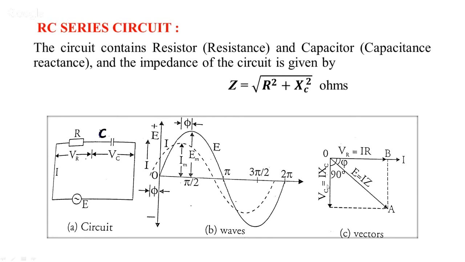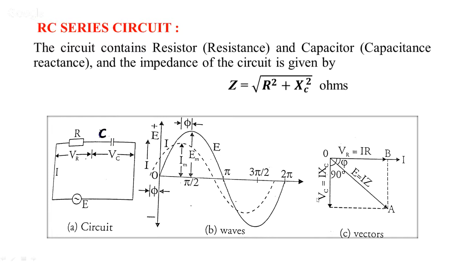When we consider a pure capacitive circuit, that means to say there is no resistance. Let us say there is only a capacitor in the circuit. Then in that case, the voltage lags the current by an angle of 90 degrees. Either way you can tell, current leads the voltage by 90 degrees, or the voltage lags the current by 90 degrees.